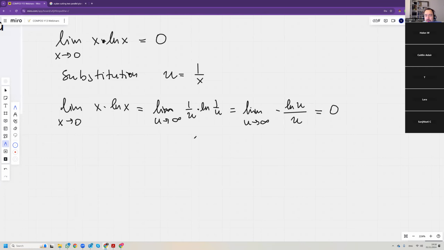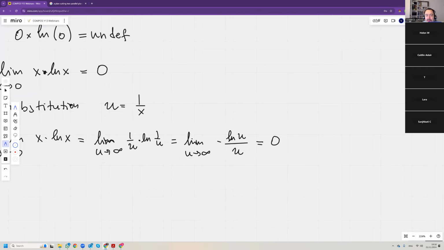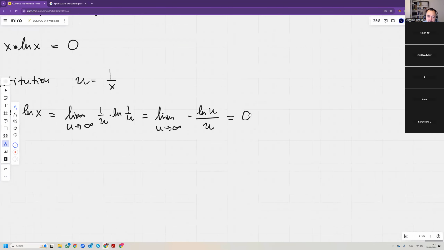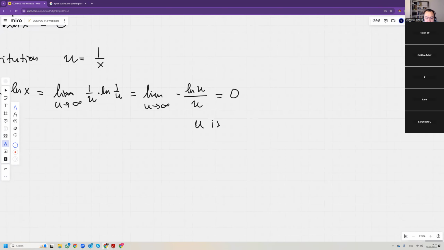So that's how I would prove it. Maybe there's an easier way. You can easily prove that, because ln u divided by u is 0, because u is a stronger infinity than ln u.